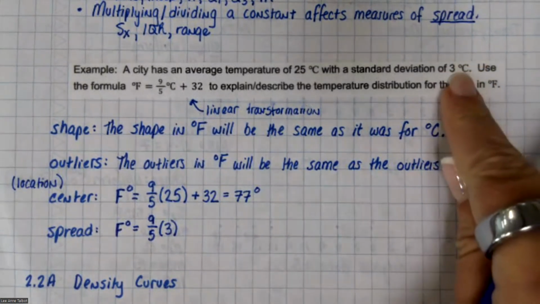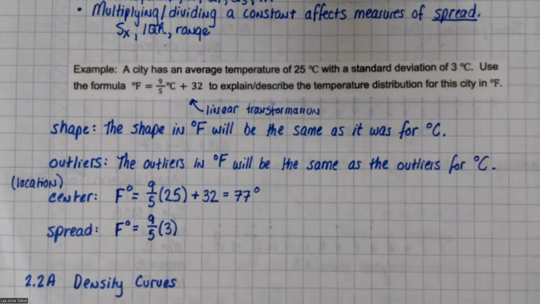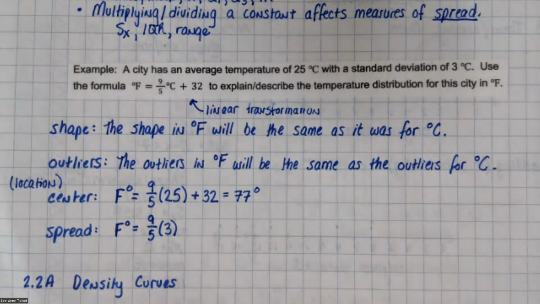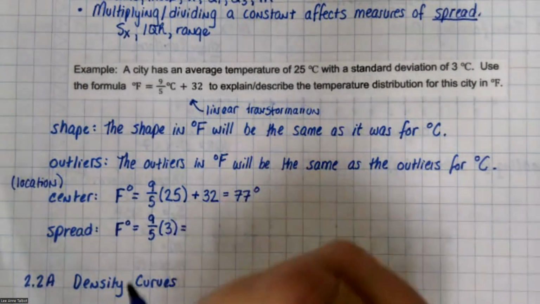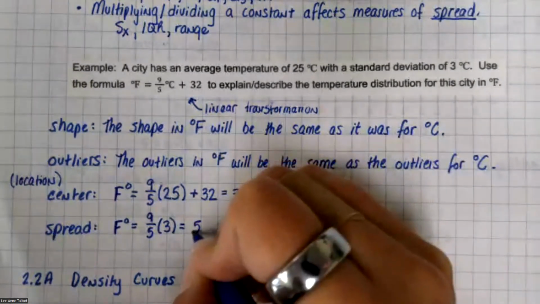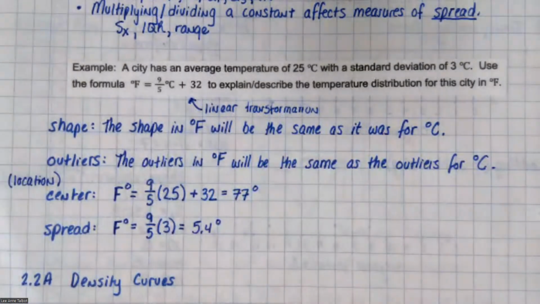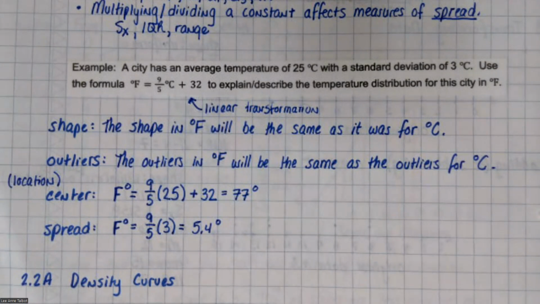I got 3 from that, by the way. It's a standard deviation of 3. Don't add 32. It's not going to get 32 more spread out.